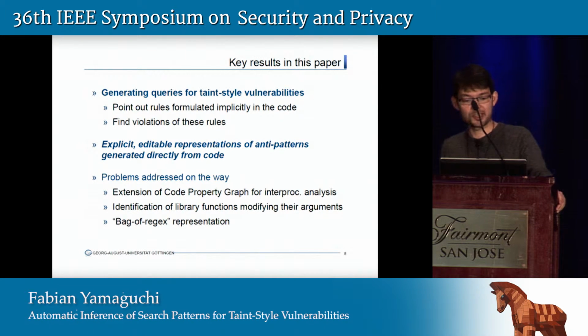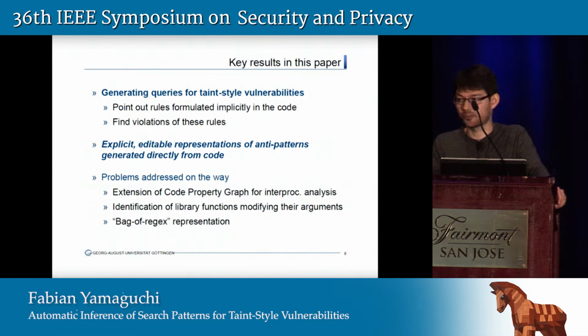As I already said, they are explicit and editable, so that's important. It means that for all the things that can't be automatically determined from the code, the analyst has the ability to make changes to the query to fine-tune it.